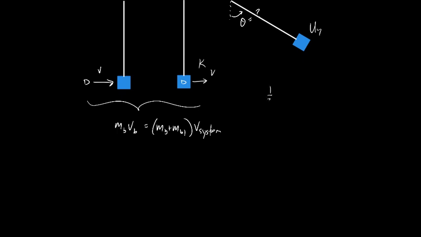So 1/2 (m plus m) v system squared equals (m plus m) gh. And also your memory that h equals L times (1 minus cosine theta). You remember that too, right? All of this is what you have to do. This is all the things. It's all in your notes, or should be.